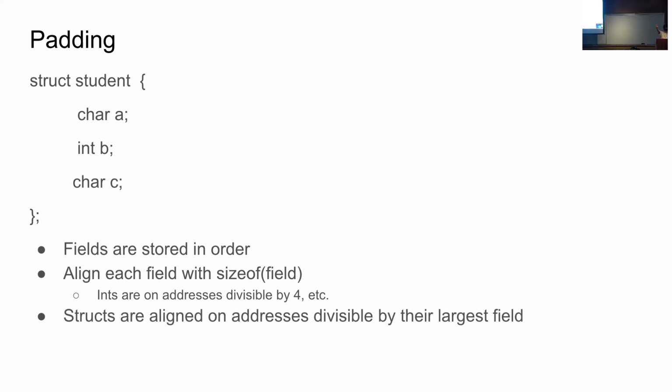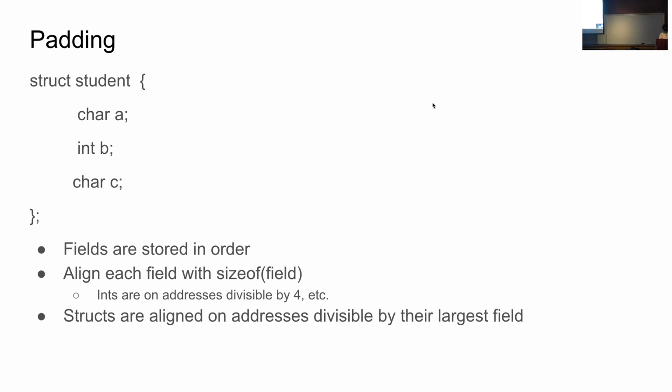Okay, question? Okay, so the question was, what does it mean to align each field with the size of the field if each field has a different size, right? So basically what a struct does is it stores all of these fields inside memory. So you would just go through each field.